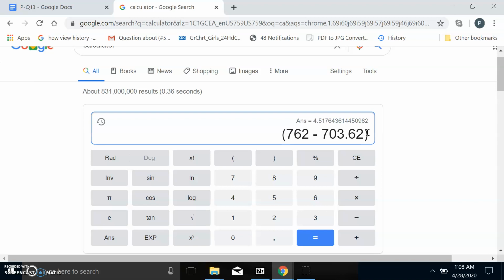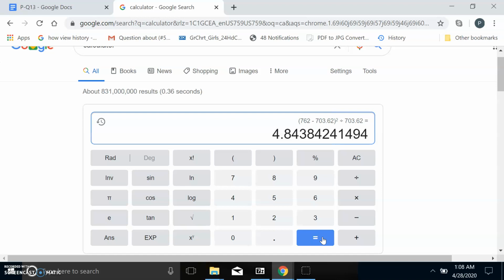Then you're going to click raised to the second power, then divide it by 703.62 and equals, so 4.84.